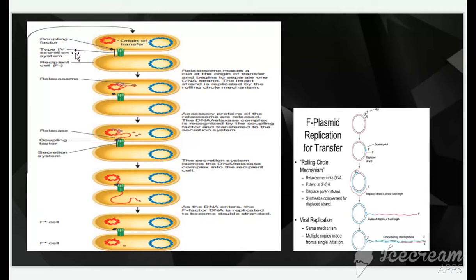Now, how is this sex pilus formed? Through the type 4 secretion system. You can also call it T4SS. This system includes multiple proteins in the donor cell.